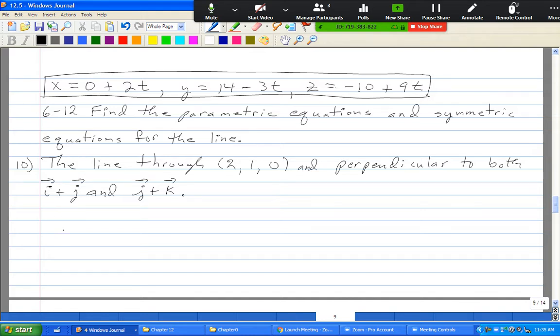If I take the cross product of these two, I'll get a vector perpendicular to these two vectors. So let's say i plus j, I want to cross that with j plus k. So this will just be the determinant with i, j, k, and I get 1, 1, 0, and 0, 1, 1.